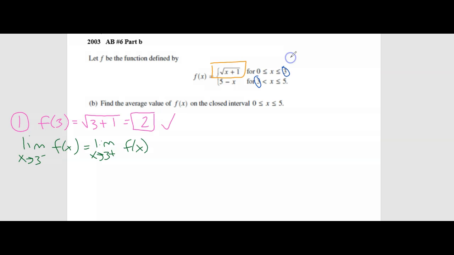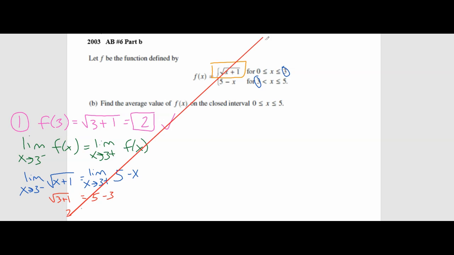So for the negative side I'm using the square root of x plus 1, which is equal to the limit as x approaches 3 from the positive side, and for this function I'm using 5 minus x. Simple substitution here. So I get the square root of 3 plus 1 is equal to 5 minus 3, and that does indeed give me 2 is equal to 2.